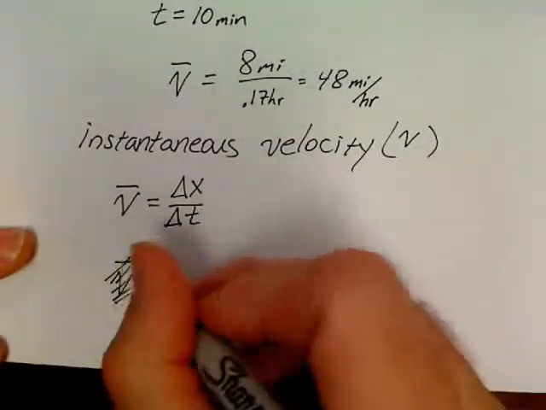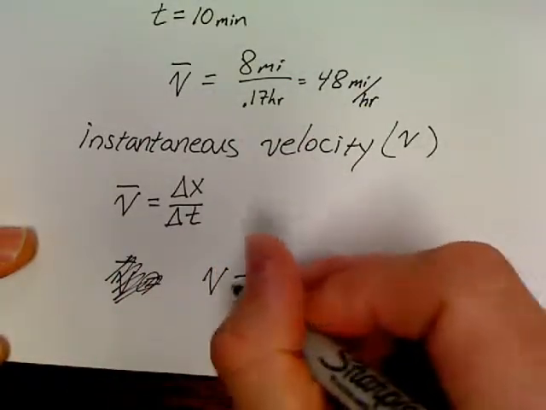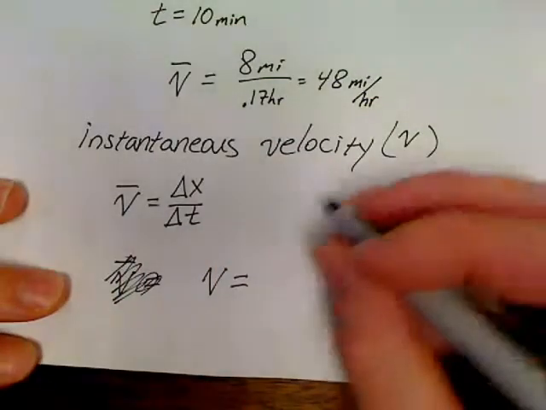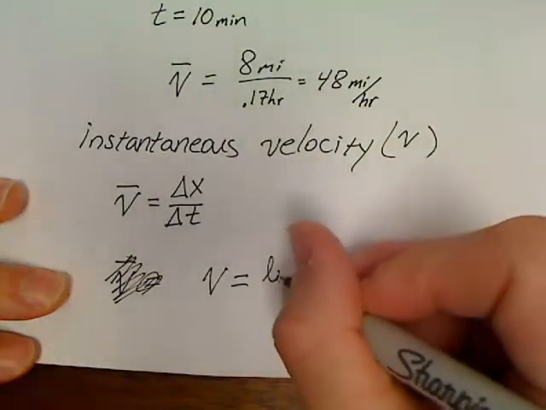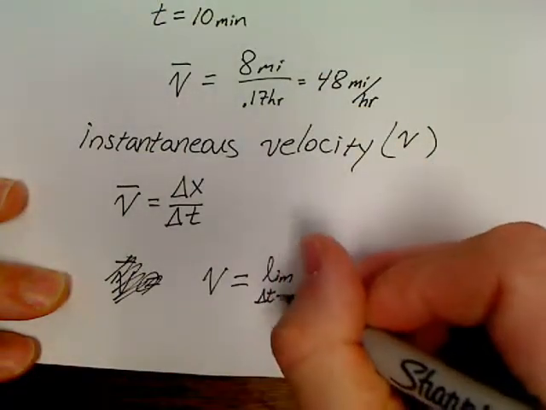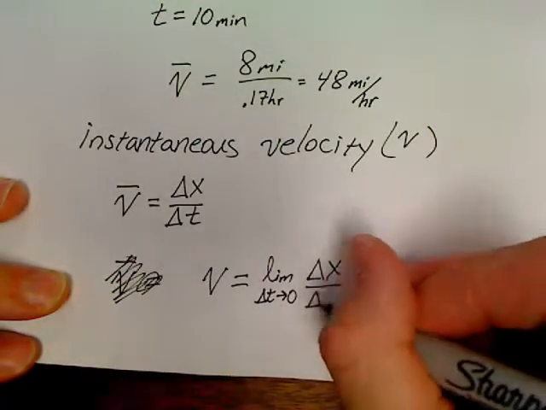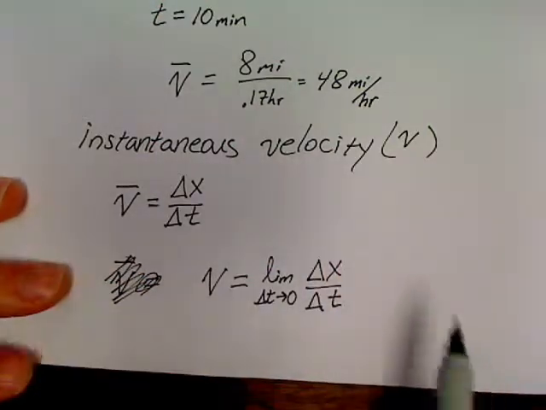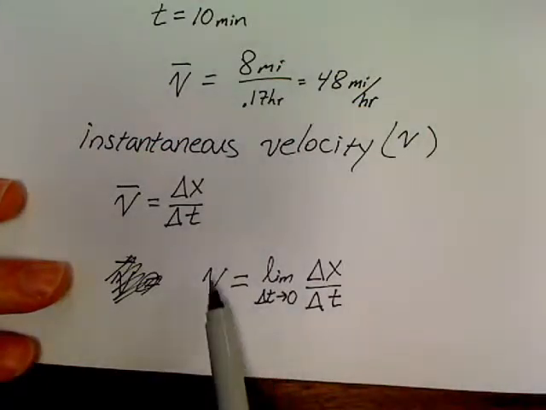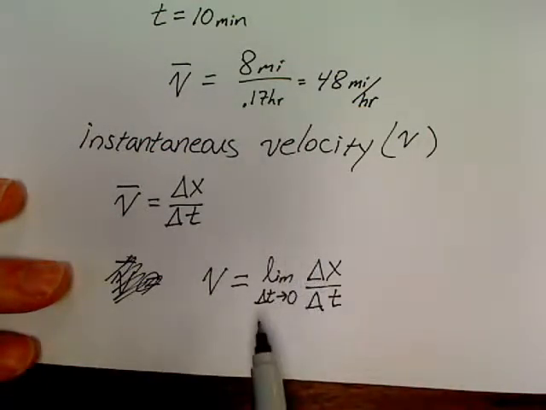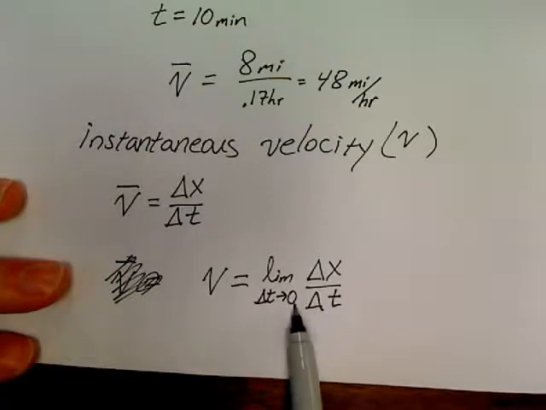Instantaneous velocity looks like this. For those of you that had calculus, this already looks a little familiar. What you're doing in instantaneous velocity, you're taking the limit as delta t approaches 0.